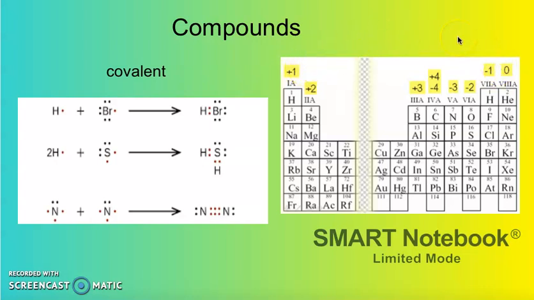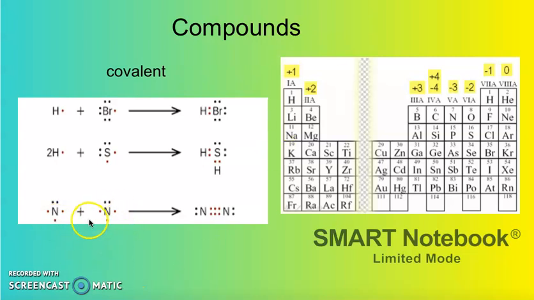Notice that they end up at 0, just like all these noble gases are 0. So they have to end up with 0 if you look at all these ionic charges. So when you have 2H and 1S, 2H is going to be +1 and +1, which is +2. Go over to the S, and that is -2. So you can see they have to balance out if they're going to be a covalent or ionic compound.